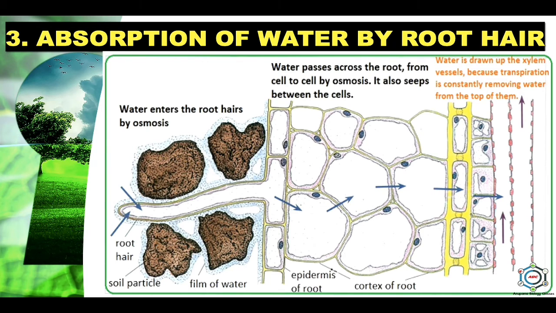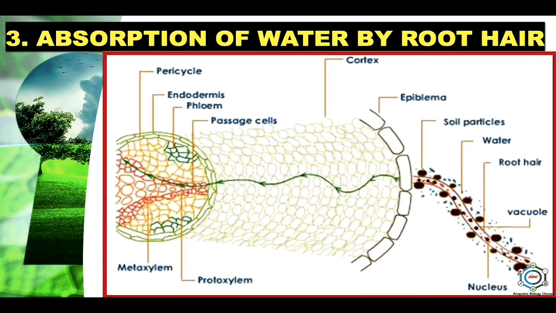Such absorption of water occurs due to active transport involving carrier molecules at the expenditure of metabolic energy. So this is all about active water absorption, where water is absorbed by the activity of the root.